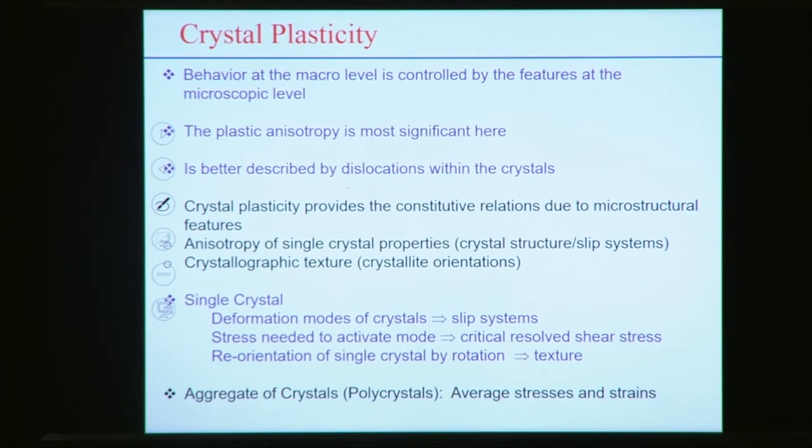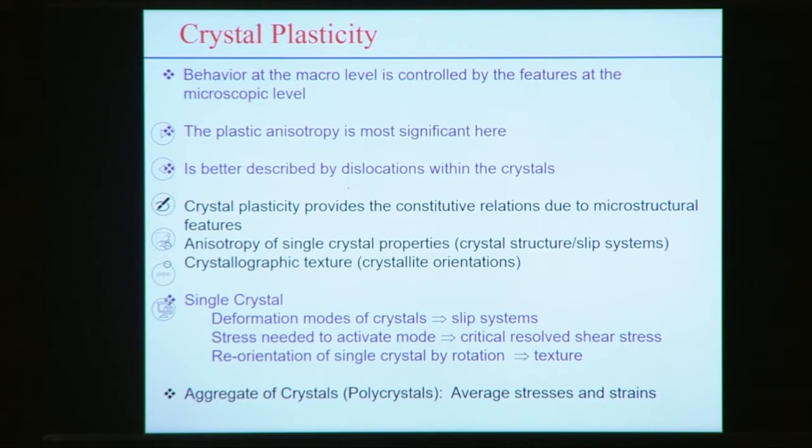So when you try to analyze precisely the deformation behavior, it is explained at the microscopic level, and that microscopic level behavior actually influences the macroscopic behavior. Most of the time the macroscopic behavior is represented by averaging the behavior which happens at the microscopic level.